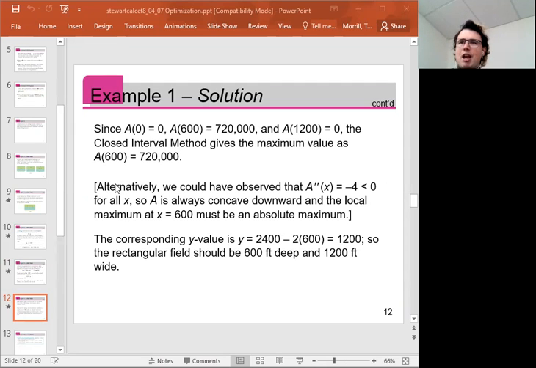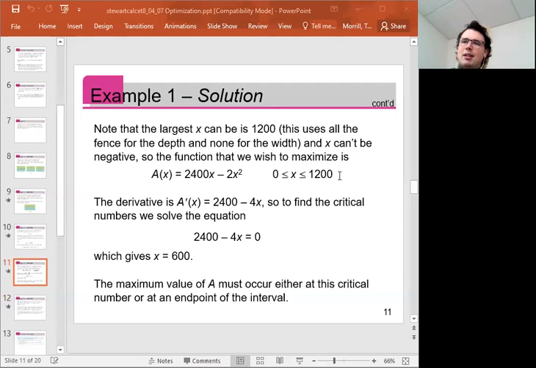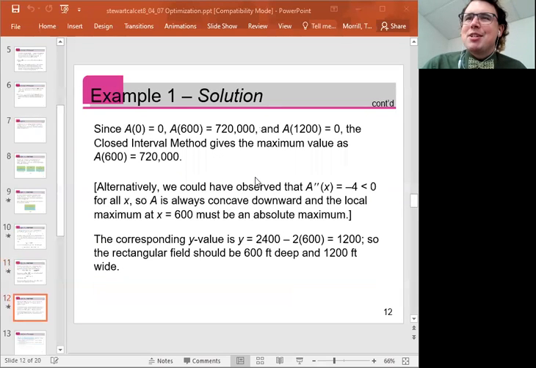Now this bit here is saying that we could have also used the second derivative test. This function is a parabola. Its leading term is negative here. It's just been shuffled into the back. But since I have a negative sign on that x squared, I know this is a downwards facing parabola.